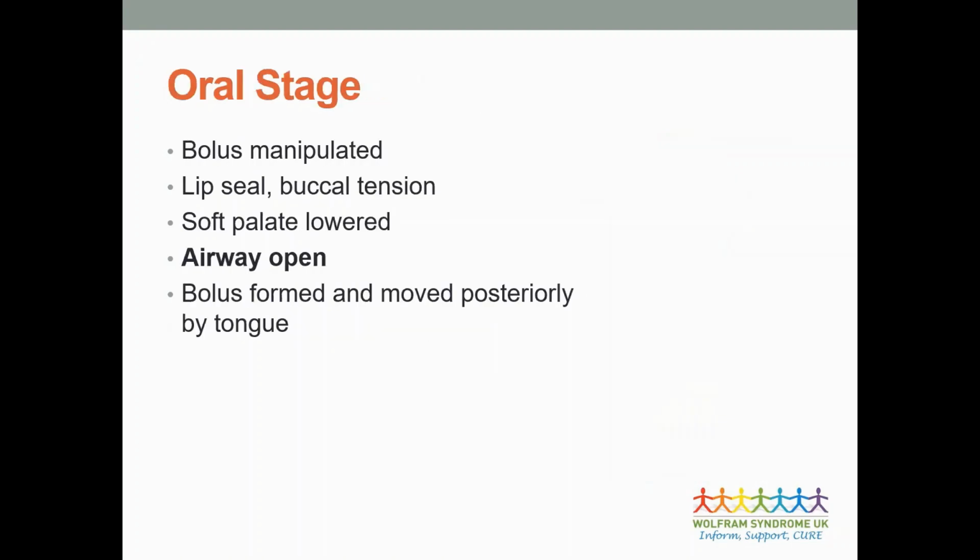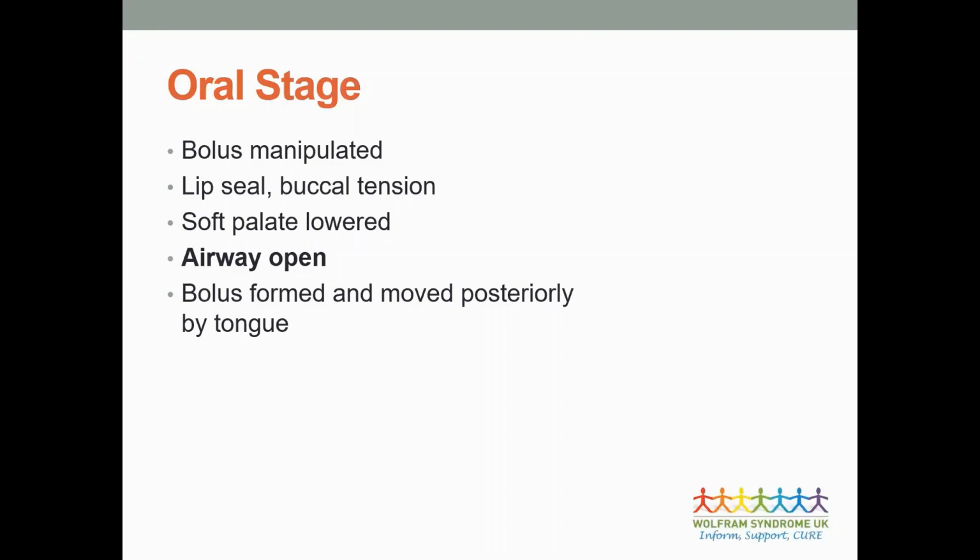Okay. Next we have the oral stage of swallowing, and this is everything that happens when the food and drink is inside your mouth. So we need to have a strong lip seal in order to stop anything falling out the front. And we need to use our tongue and other muscles to manipulate the food or drink to form a cohesive bolus and transfer it from the front of our mouth towards the back.